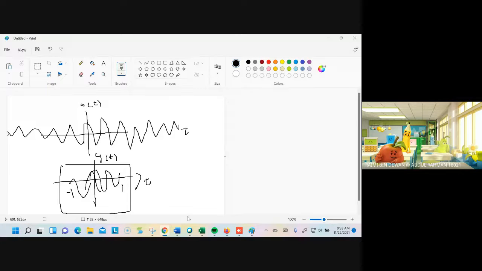Why do we only have until 1 and 1? Try to answer. Why is GT actually just a portion, not continuous?